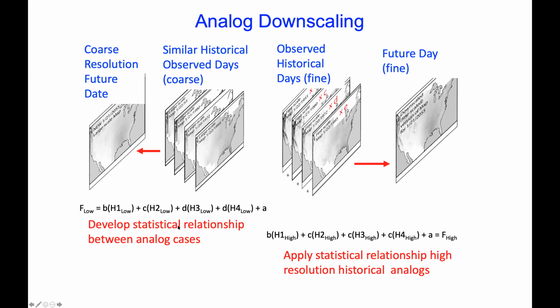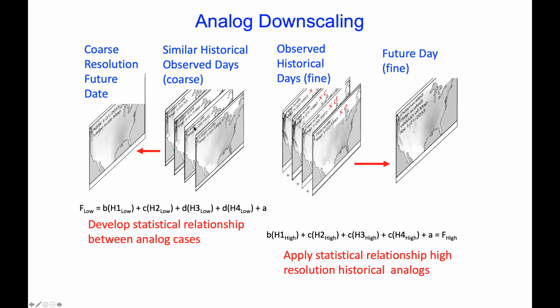And from there, a statistical relationship is developed where it's basically, can we have some type of statistical relationship between these historical days' weather maps, so we're looking at arrays of numbers, not just single numbers, and how well are we able to predict this future date. Once this statistical relationship is developed, we can apply it at a finer scale.